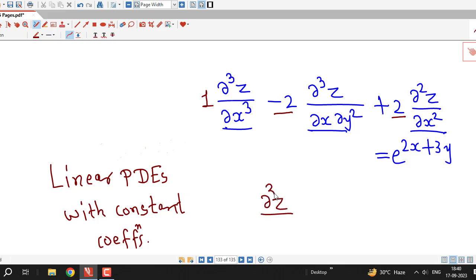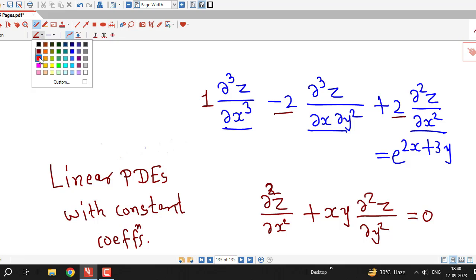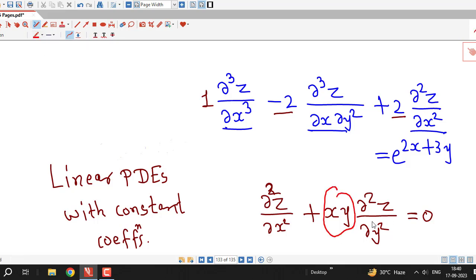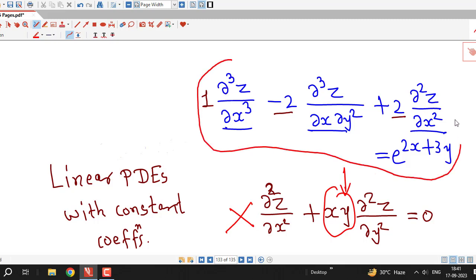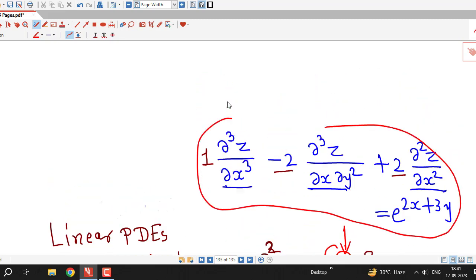Suppose I have del square z by del x square plus xy into del square z by del y square equal to 0, then this is not a linear partial differential equation with constant coefficients, because the coefficient of second order derivative of z with respect to y is a function of x, so it is not constant. So this is not linear partial differential equation with constant coefficients. The previous one is linear partial differential equation with constant coefficients.